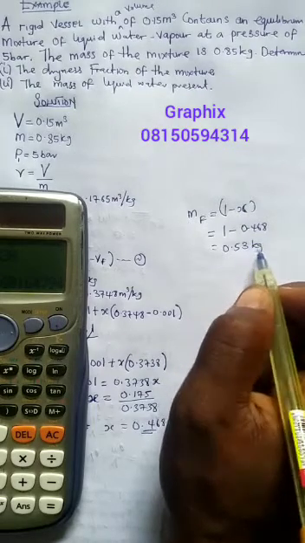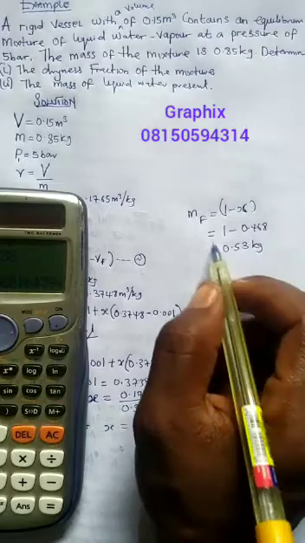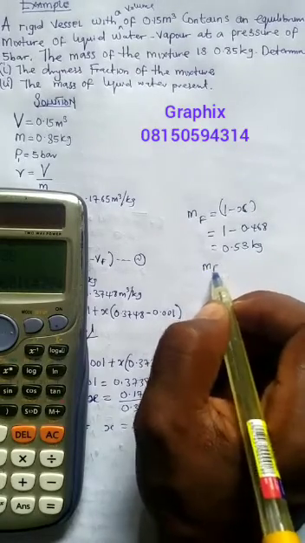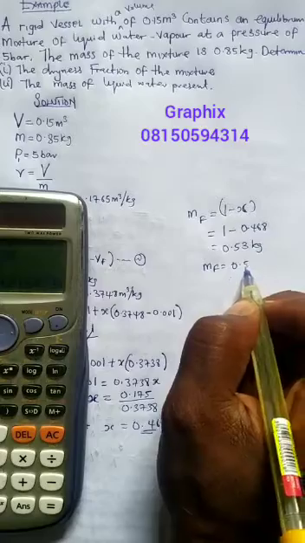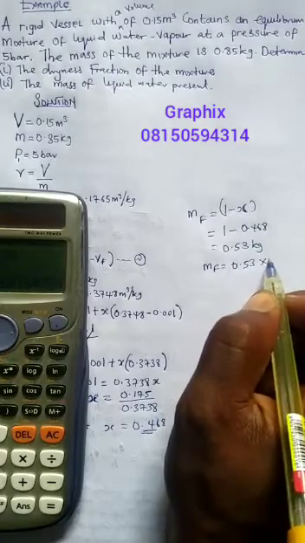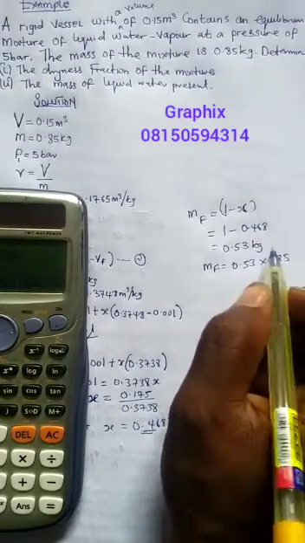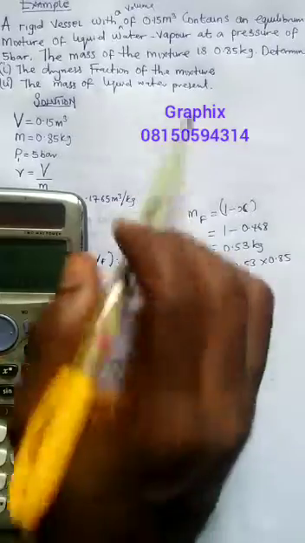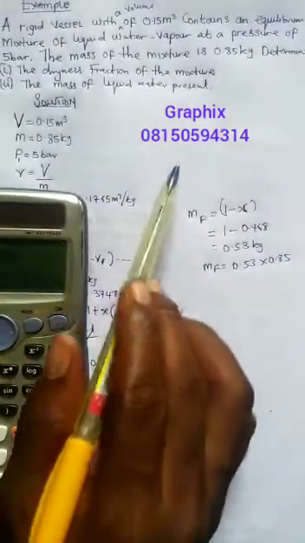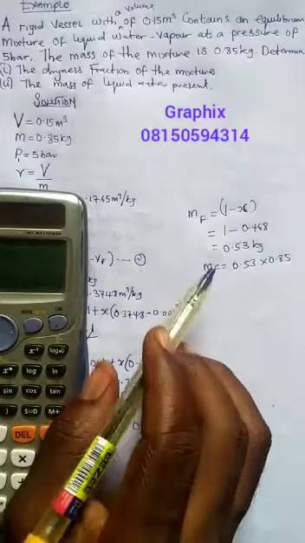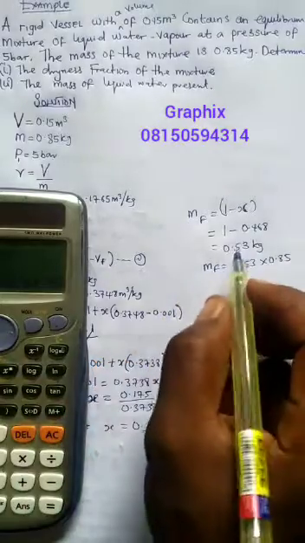That's the key. So the total mass we have, the mass of the fluid, will be 0.53 multiplied by 0.85, because 0.85 is the mixture, so you multiply it to get the total mass.